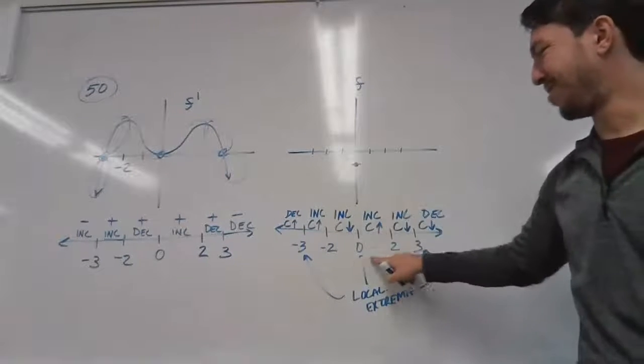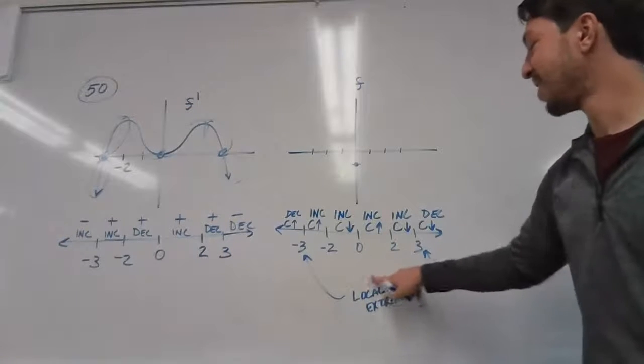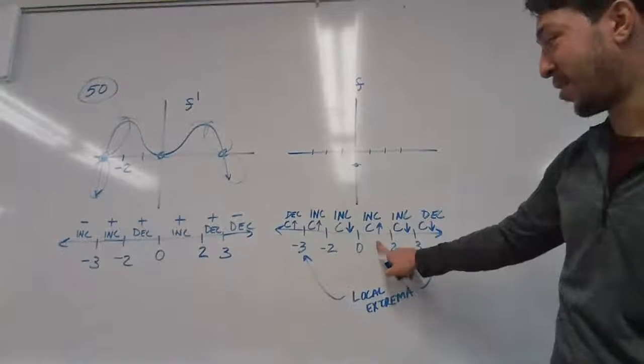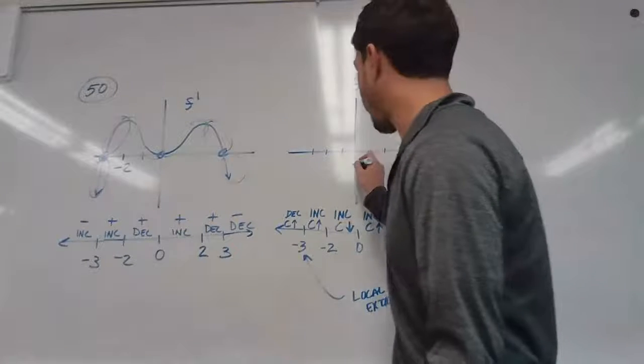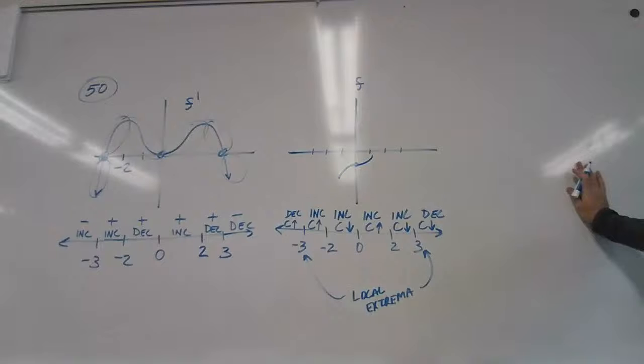No. Oh, just testing you, obviously. But it's weird though. That's got to be an inflection point because it goes from increasing concave down to concave up. So it's got to go like concave down, concave up like that. That makes sense? Yep.